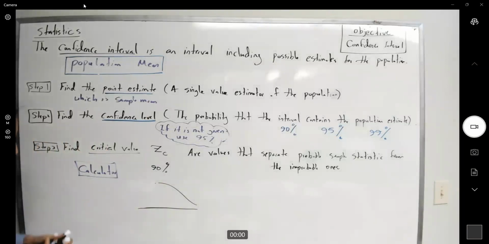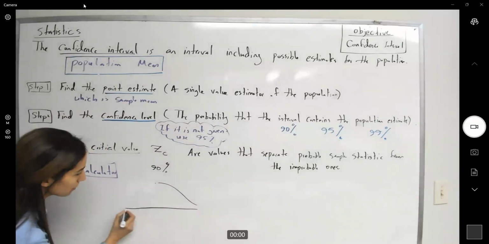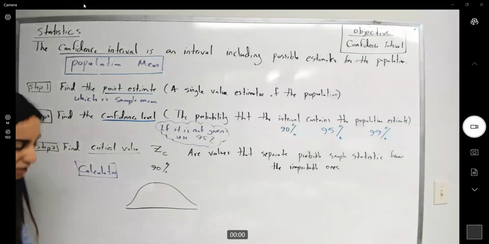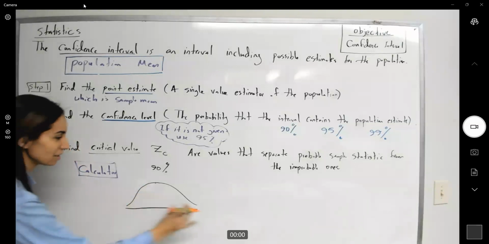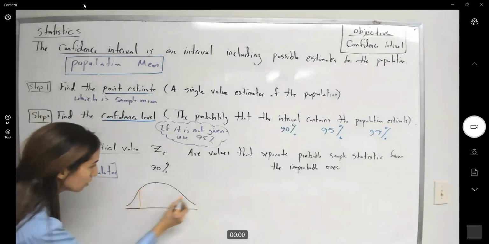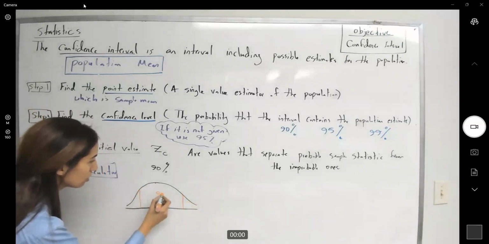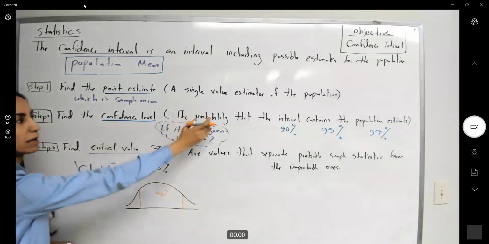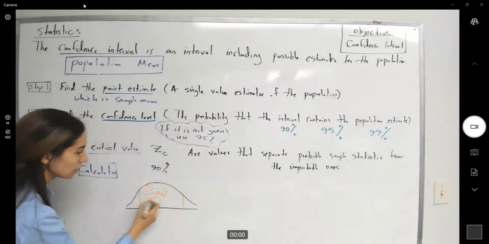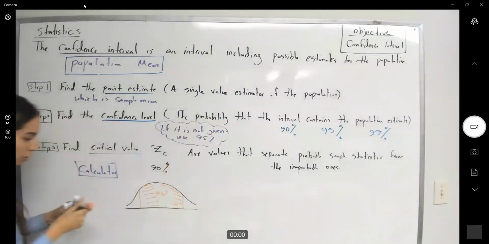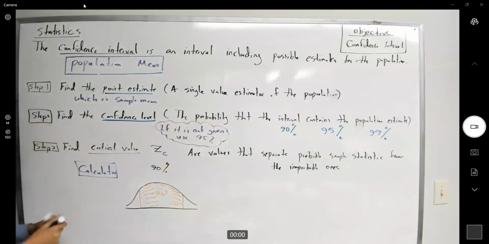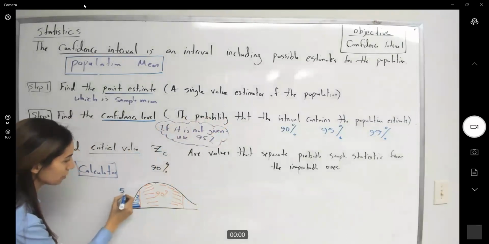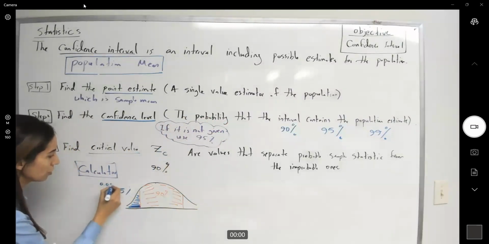Because of symmetry, you're left with 10%, which is divided into 5% and 5%. So here you have 90% of your area, the 90% confidence level, the probability. So 5% is left to the left and to the right. This is your 5%, 0.05.